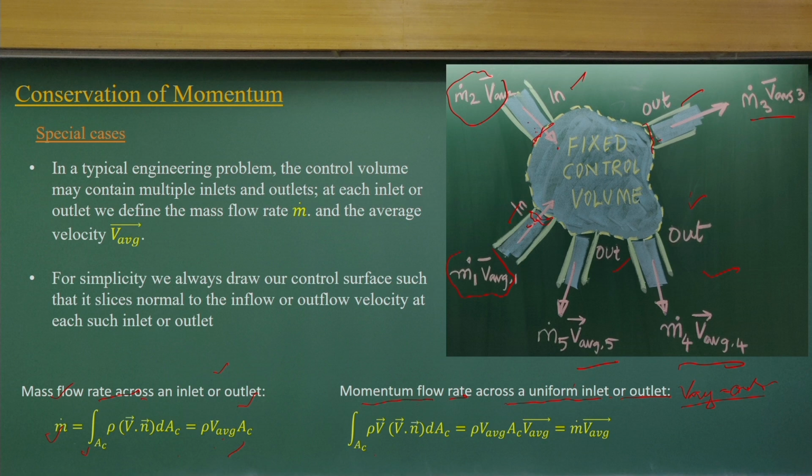If the velocity does not vary over a surface, we can define the mass flux as rho V average into Ac, and multiplying by the velocity gives the momentum flux. This uniform distribution of velocity does not hold in real fluid flow conditions, so we will have a correction factor for that.